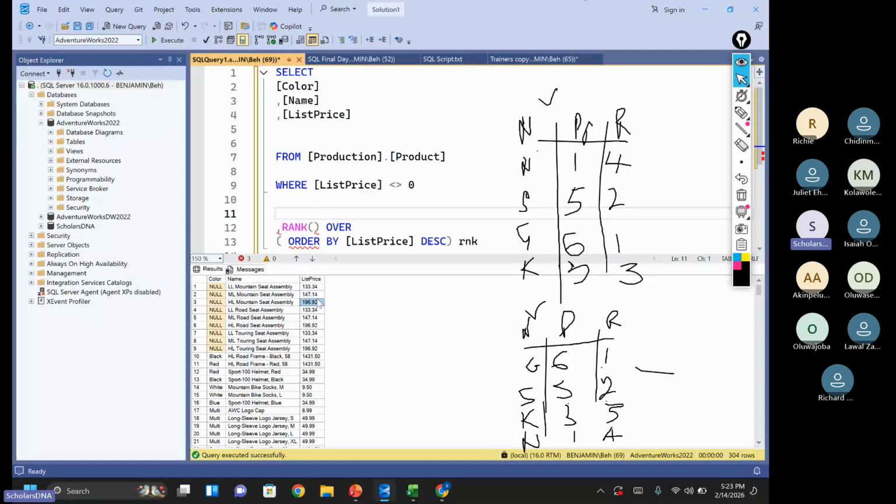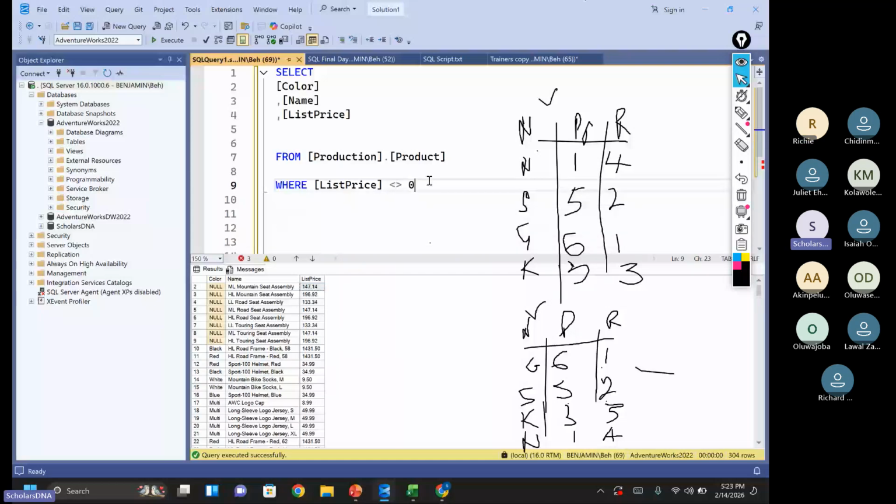SQL arranges numbers. So we have over 304 records here. When I wrote this query up here, it just produced the result based on the way it was entered. Now the business is asking us to rank the values from the highest to the lowest.